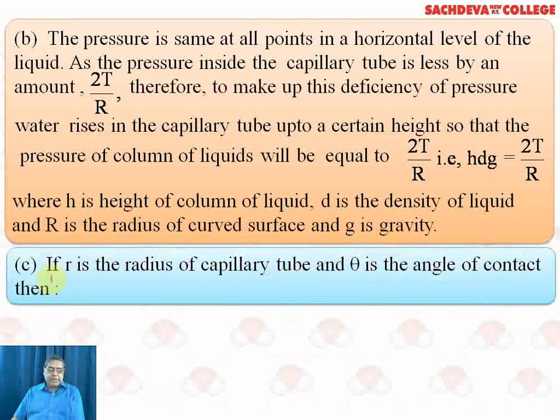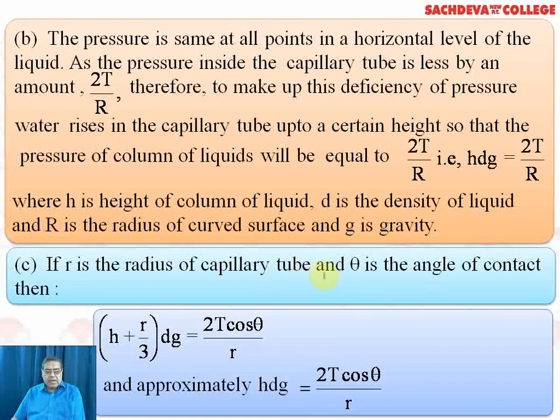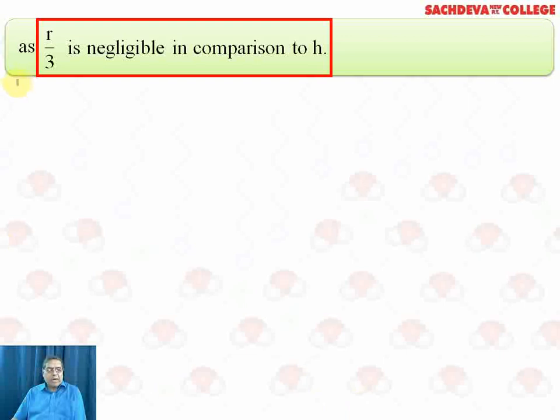The other important thing is that if R is the radius of the capillary tube and theta is the angle of contact, then (h + R/3) dg must be equal to 2T cos theta by R. In approximation, hdg equals 2T cos theta by R, because R by 3 is negligible in comparison to h.